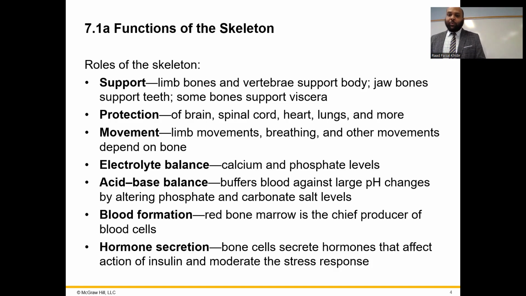We said also for movement and breathing. We rely on the intercostal and external muscles that stretch the rib cage. The rib cage is bone, right?